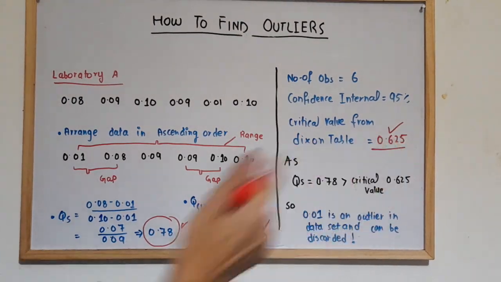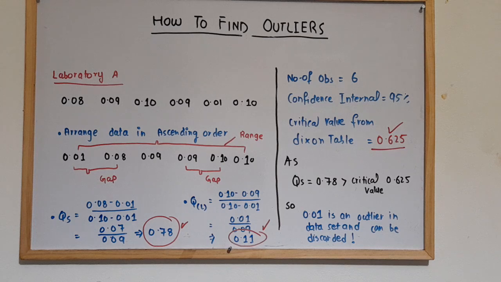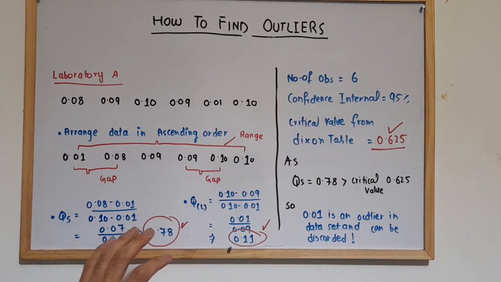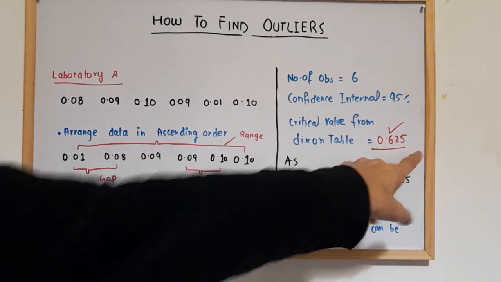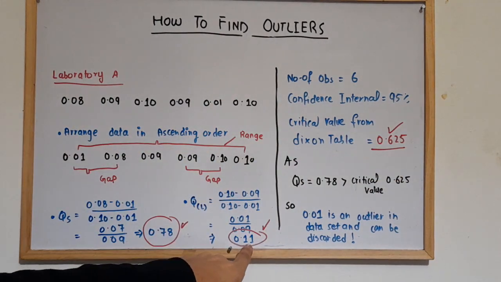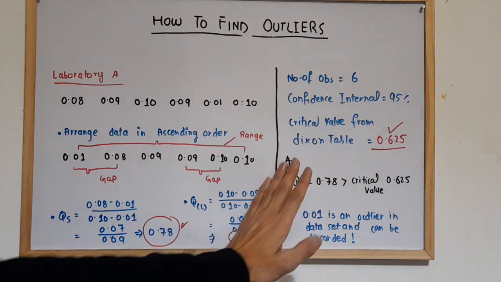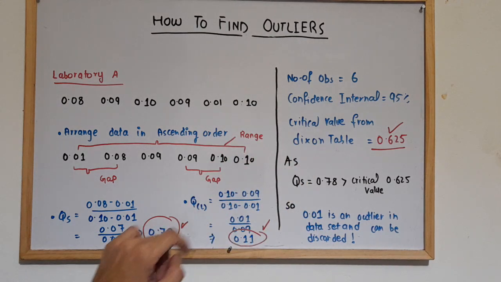Now we compare this critical value with our two outlier values. The value 0.11 is within the critical range, so there is no outlier on the right hand side, or QL.